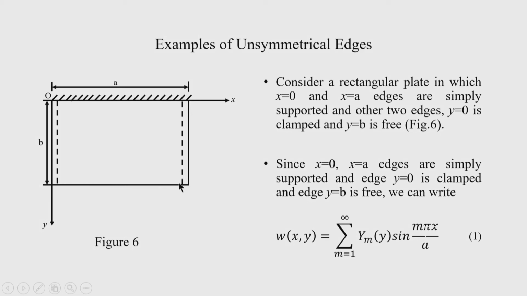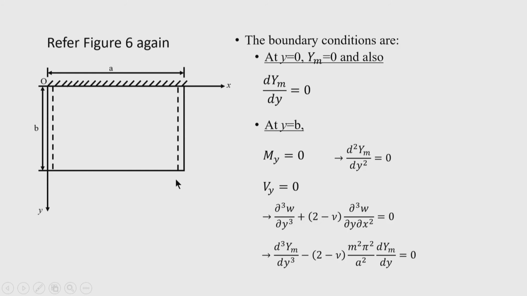So, because of this boundary condition, the plate is an unsymmetrical plate. In that case, at y equal to 0, along this edge, the slope is 0 and deflection is 0. So, Y m is 0, and the slope, that is the first derivative of Y m, is also 0.